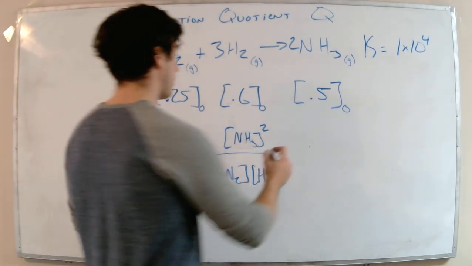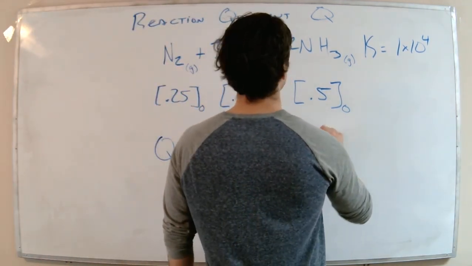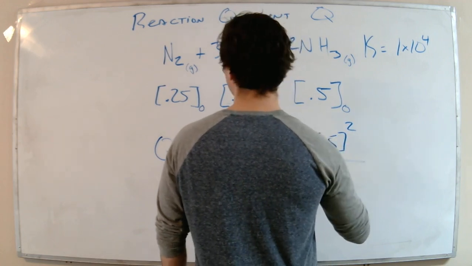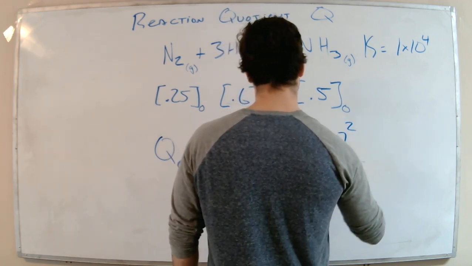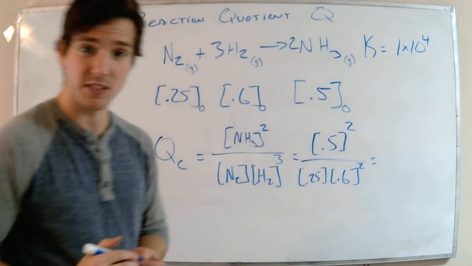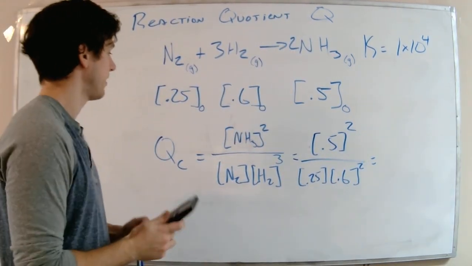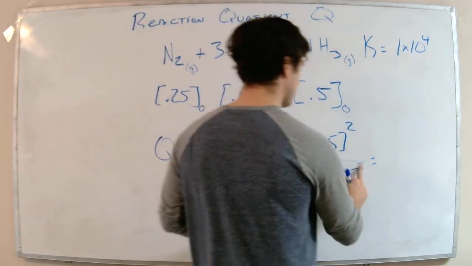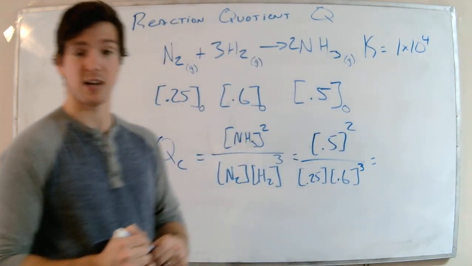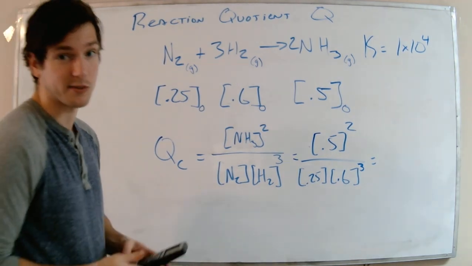So we're going to go ahead and plug in what we know and solve for this. So this will be 0.5 squared, this will be 0.25, and this will be 0.6 squared. And let's see what this gives us. Oh, not squared. You're probably perplexed or still just writing it down, but before you do, it's a 3, not a 2.